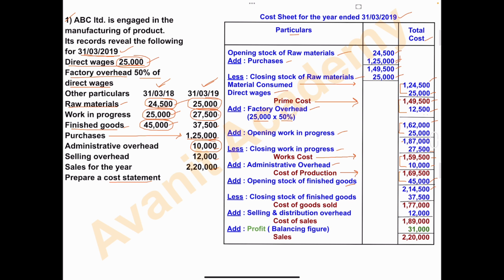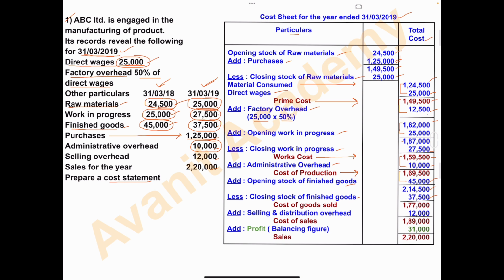Now less closing stock of finished goods. From this 2,14,500, we have to minus the closing stock of finished goods amount. See in the problem, closing stock of finished goods amount is 37,500. Write in the solution, less closing stock of finished goods 37,500.